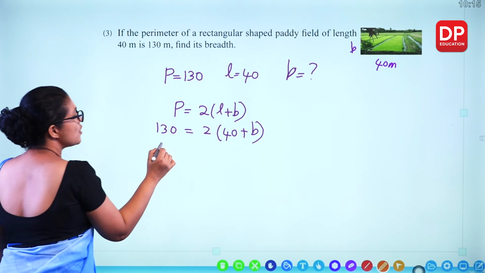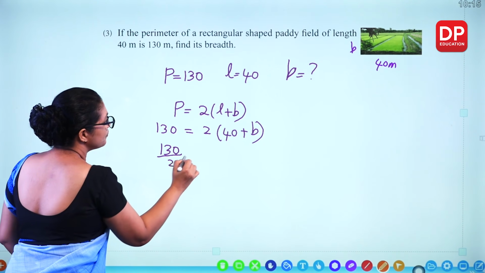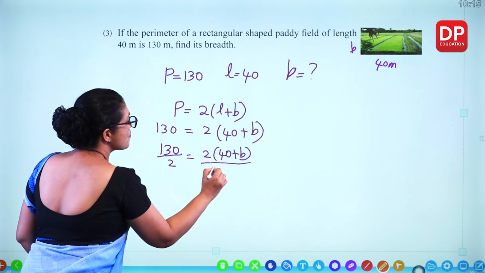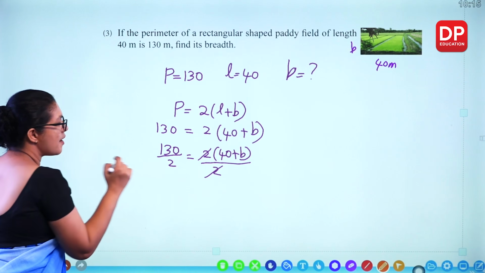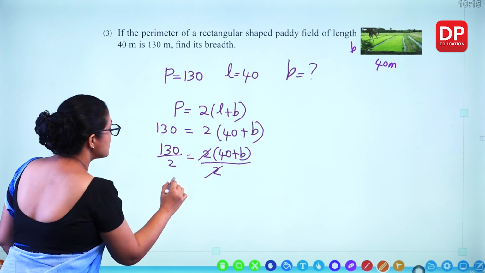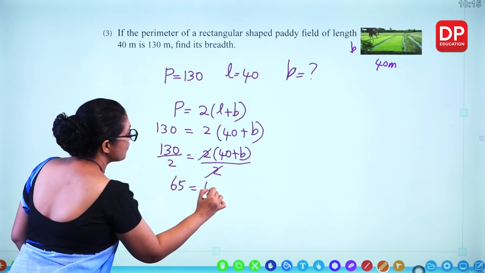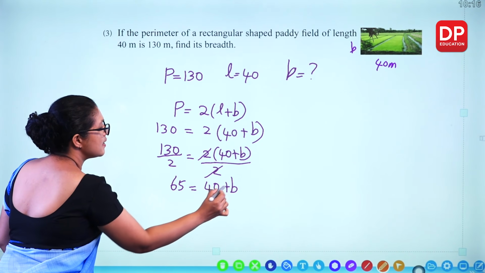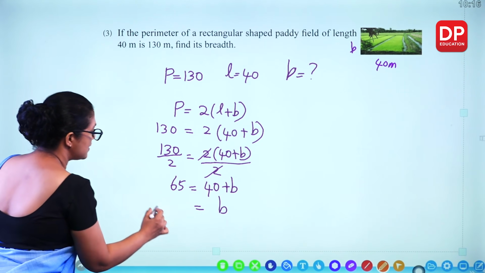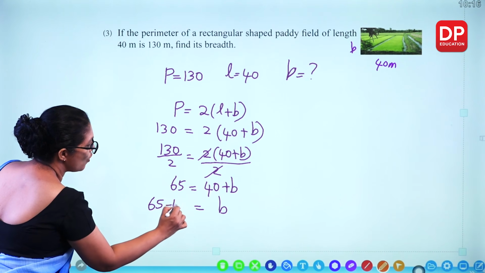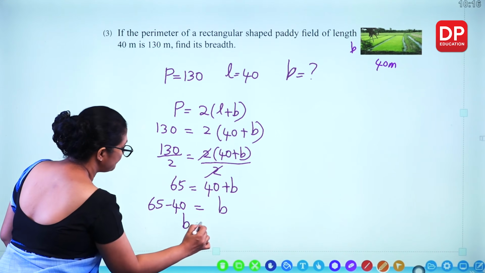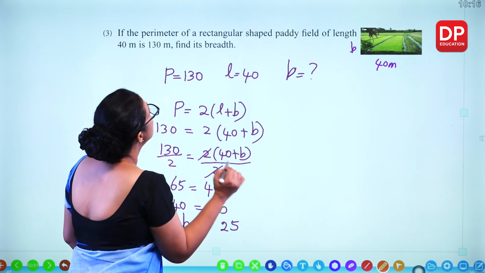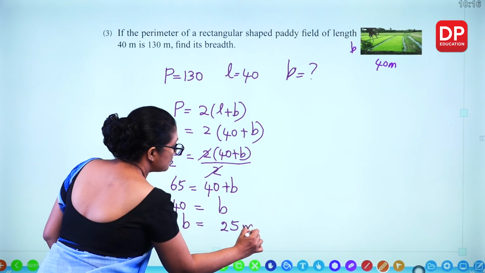Divide both sides by 2. The 2 gets cancelled out. 130 divided by 2, 65. Then subtract 40 from both sides. You get B equals 65 minus 40. That's 25 meters.